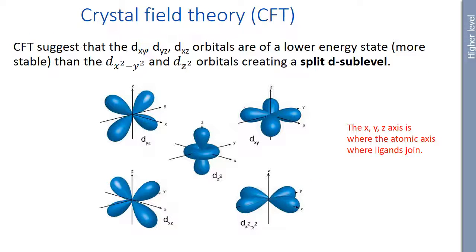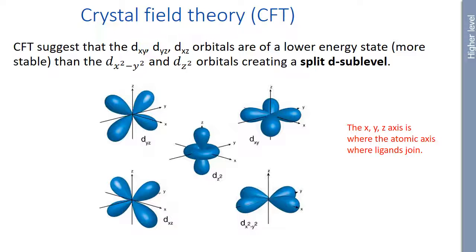So essentially it comes down to a theory, this prediction of color, called crystal field theory. Okay, so in crystal field theory, basically it suggests that the different orbitals behave differently when they get ligands interacting with them. So you might remember from the electron configuration that the d orbitals come in 5 different forms.